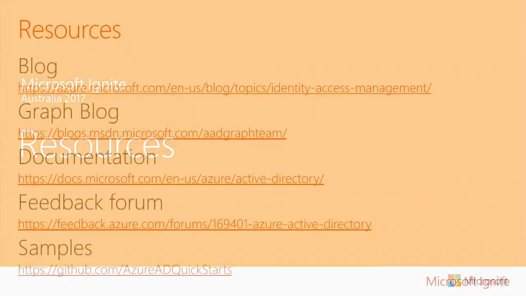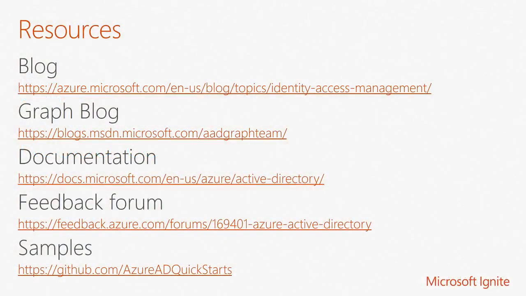Resources, because the Azure AD and B2C resources are actually pretty sweet. Particularly the B2C stuff, there's a lot up there. And the AD quick starts down the bottom, I think that URL's actually changed, but it'll redirect you to the right one. There's the Azure blog, the graph blog, with all the news that's coming out in regards to the graph, documentation, feedback.